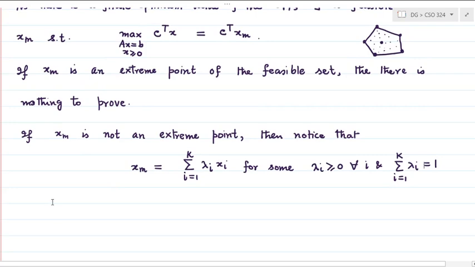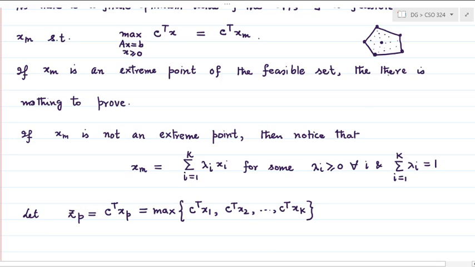Then we define the following. You now notice the following. Let zp be equal to c transpose xp, which is equal to the maximum value of the objective function at the vertices. So I take the maximum of c transpose x1, c transpose x2 till c transpose xk.